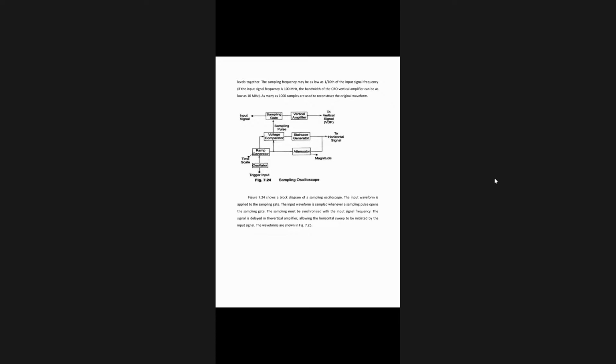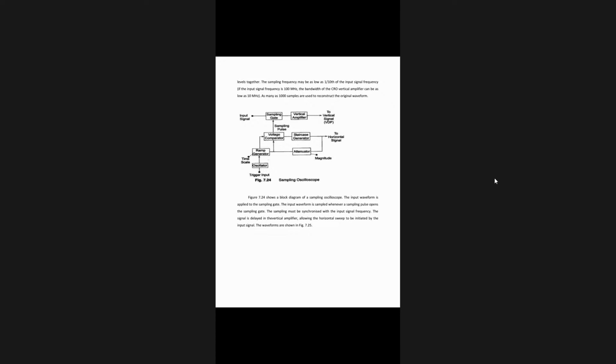From there the output is also taken to the attenuator, and the output of the voltage comparator is given to the sawtooth waveform generator or staircase generator. The staircase generator output is given to the horizontal deflection plate. So this is the way we produce the sampling oscilloscope here.